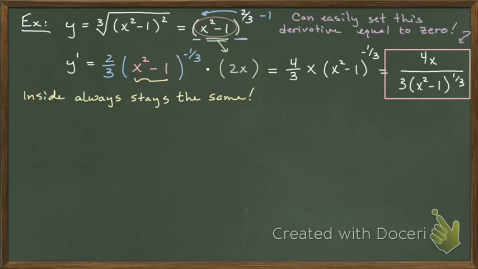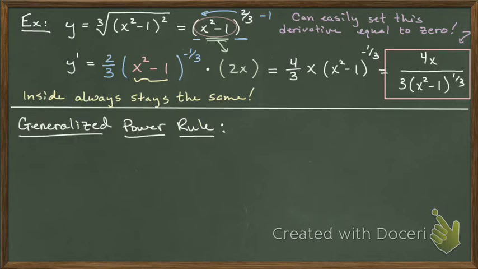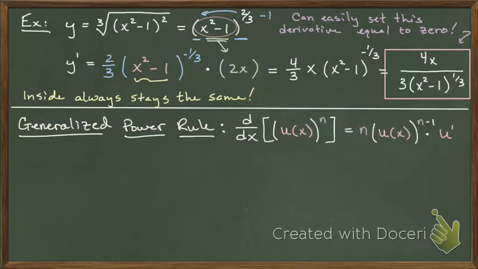So we can generalize this kind of pattern here. This chain rule, yes, it's all chain rule, but what we have from this is called the generalized power rule. If we've got a function, u of x, all raised to the power n. Okay, so I'm kind of mixing some notations here.